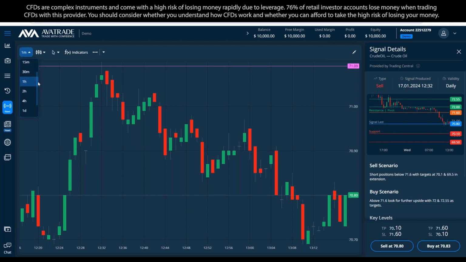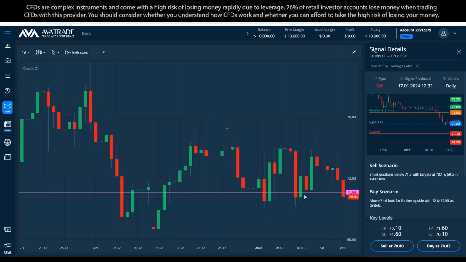And if I scroll down, I find days. So I'm going to go with 1 day. And then I'm supposed to see the levels that are here. Okay, come on. There we go. Oh, it was 55. Never mind.